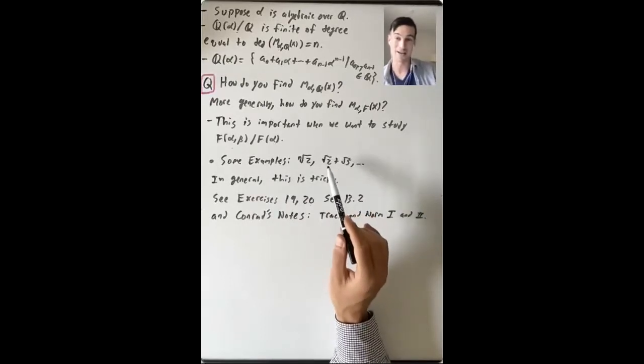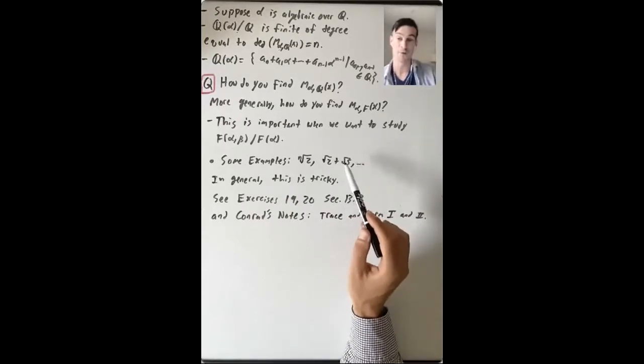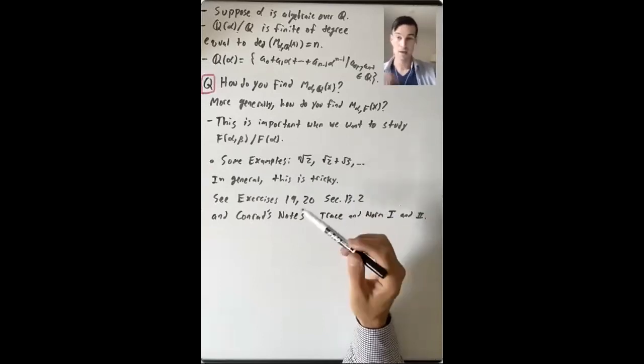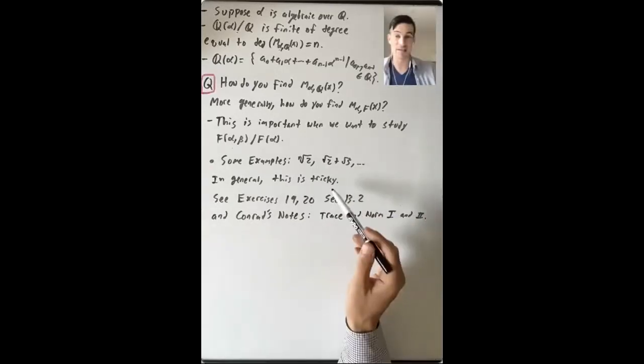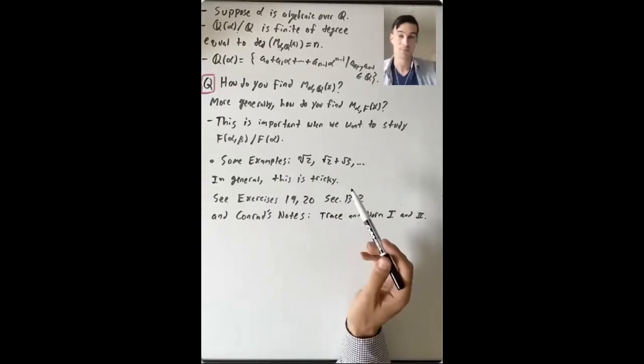If you square it, subtract something, and square it again, then you can find a polynomial of degree 4 that this element satisfies. But in general, it's tricky to start with an element and write down the minimal polynomial. There are procedures for doing this, and this is something that's important that we talk about more in the Math 232 number theory sequence.